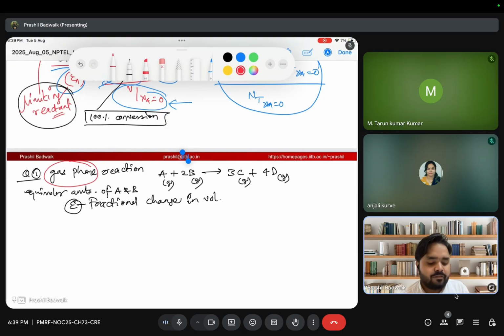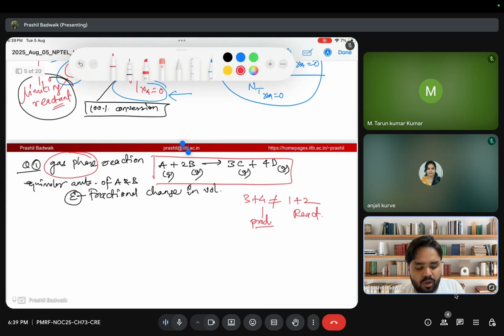You can also refer here and see 3 plus 4, which is the product stoichiometric coefficient, is not equal to the stoichiometric coefficient 1 plus 2 for the reactant. There is indeed change in the volume.